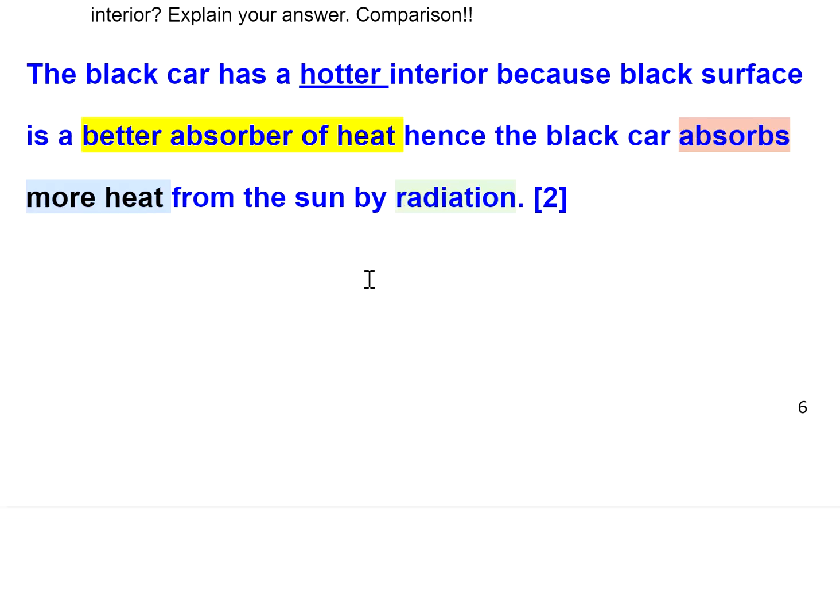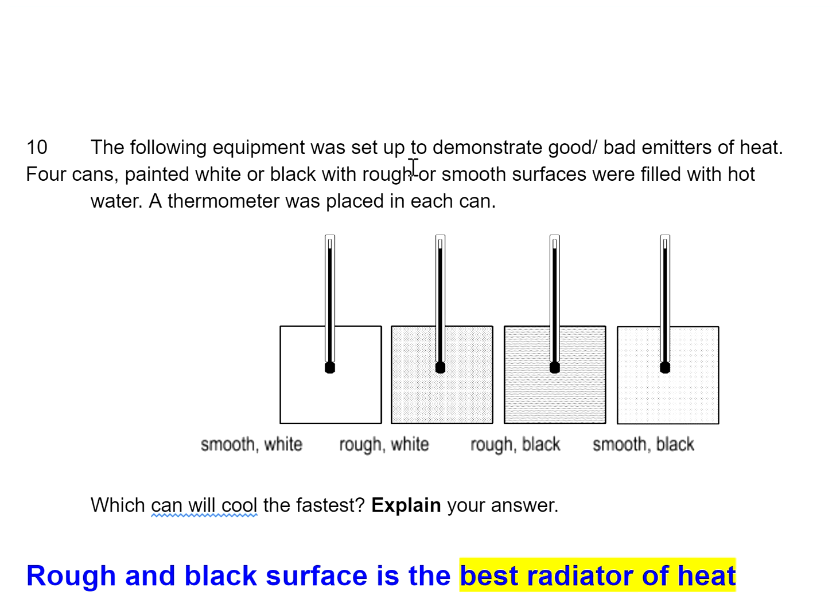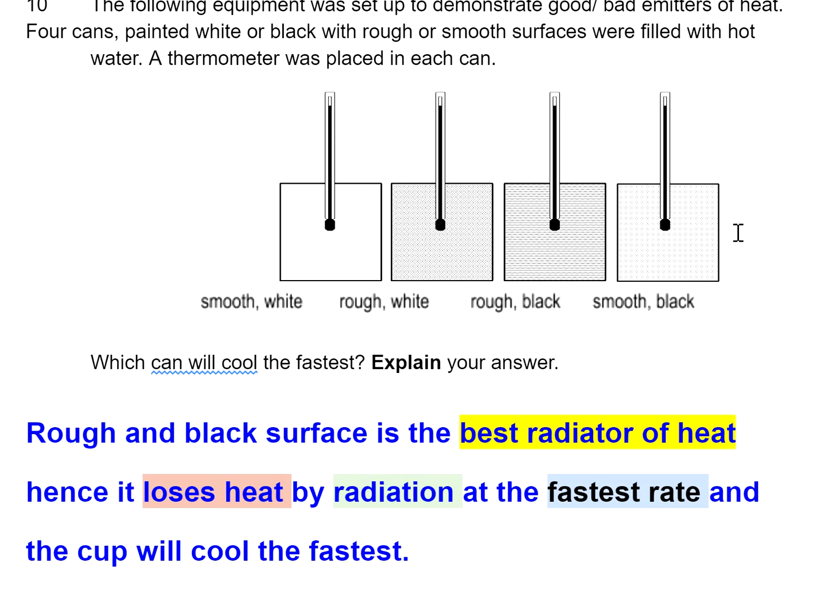Right, so let's move on to question 10. Question 10, you have 4 cans of hot water. Which one will cool the fastest? In this case, heat will be emitted from all the 4 surfaces, so from all the 4 cans.